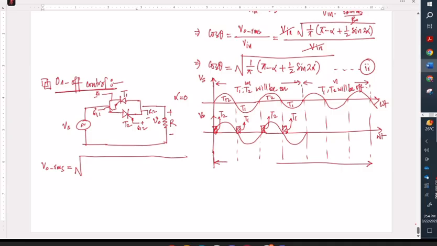So this is M cycle. So this area should be M multiplied by 2 pi, right? And this is turned off for N cycle. So this area is N multiplied by 2 pi. So what should be the total area then?